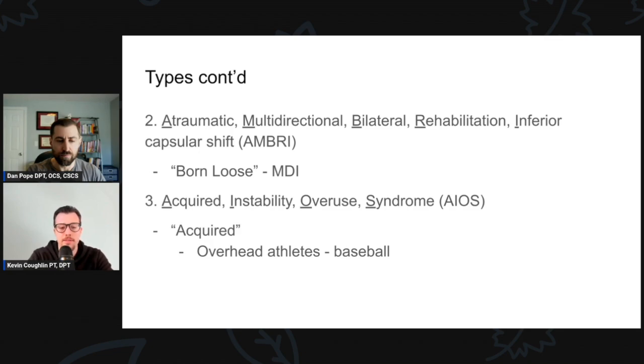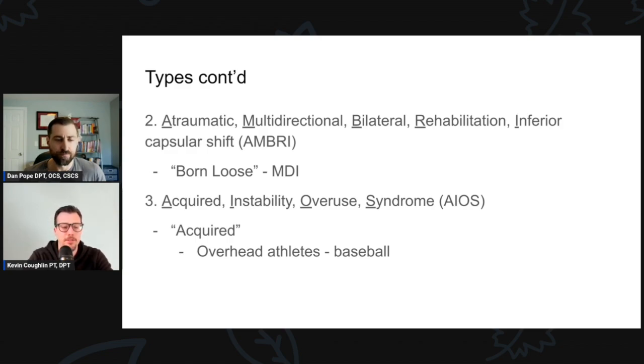And then another one that I feel like we see a lot at Champion, a lot with overhead athletes, is where there isn't necessarily a type of trauma. It's not like they had a dislocation event or anything like that. They might not have been born loose, but maybe we see this with baseball players and gymnasts. This is called AIOS, or acquired instability overuse syndrome.